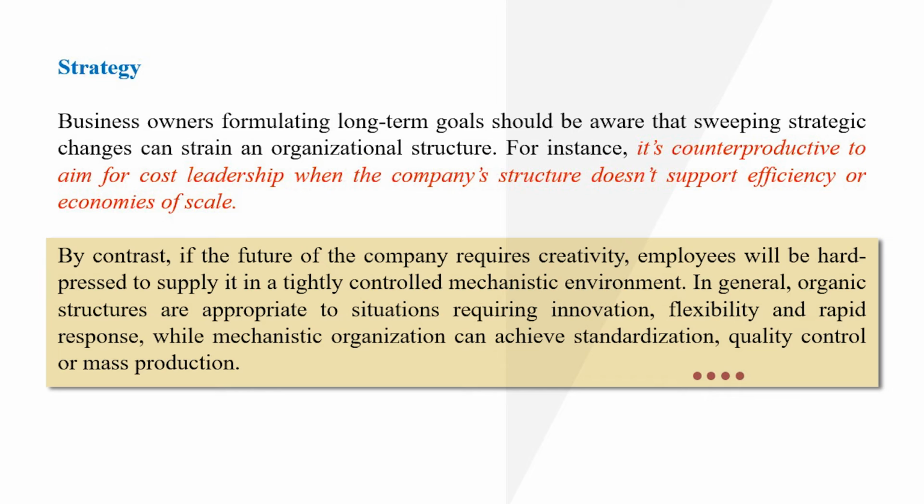By contrast, if the future of the company requires creativity, employees will be hard-pressed to supply it in a tightly controlled mechanistic environment. In general, organic structures are appropriate to situations requiring innovation, flexibility, and rapid response, while mechanistic organization can achieve standardization, quality control, or mass production.